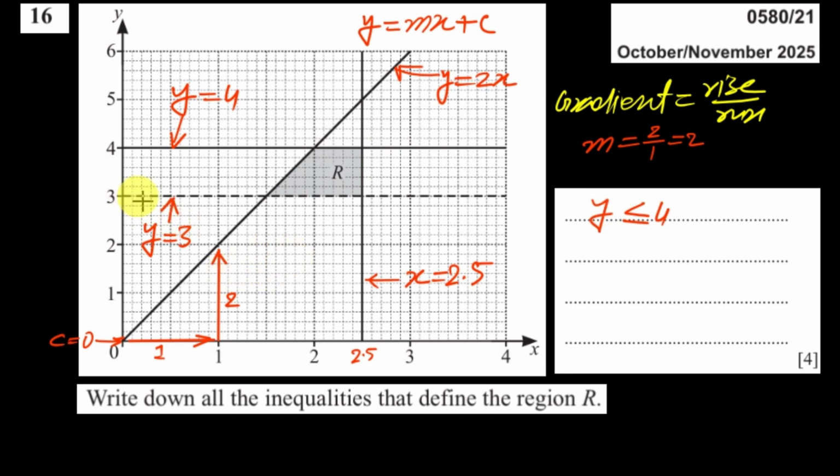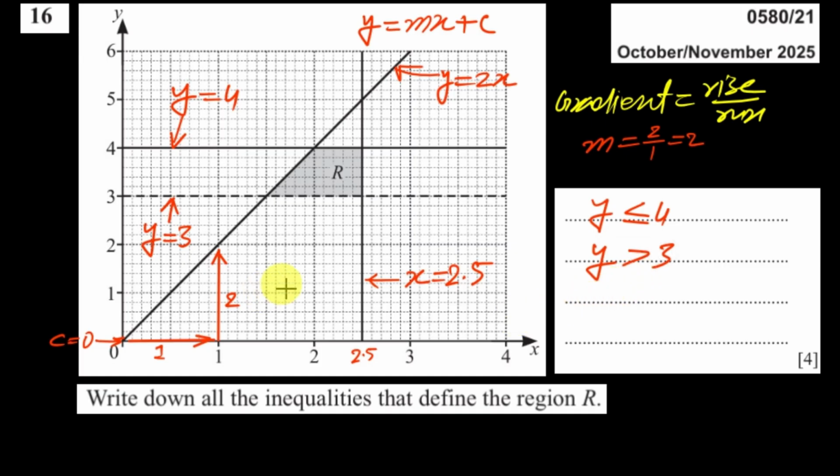Now let's see the second one. The second inequality is y greater than 3, because the region R is above this line. Above this line means y should be greater than 3. And this is a broken, dashed line, so y is equal to 3 will not be included. This boundary will not be included in the region, so we just write y is greater than 3.